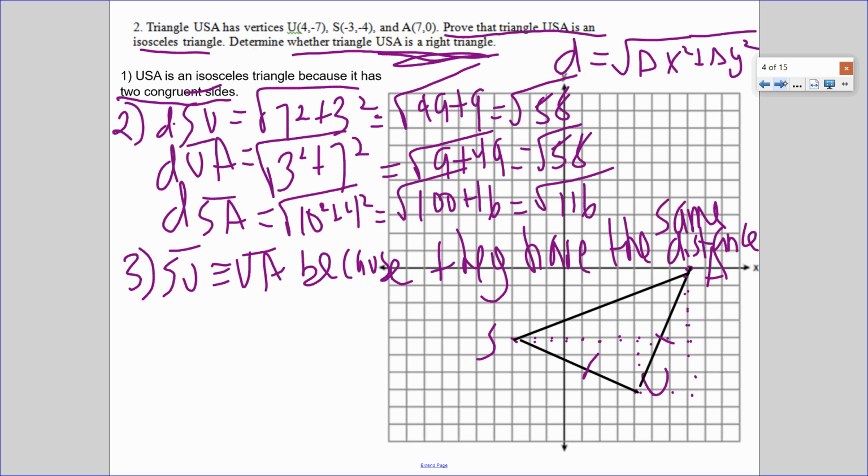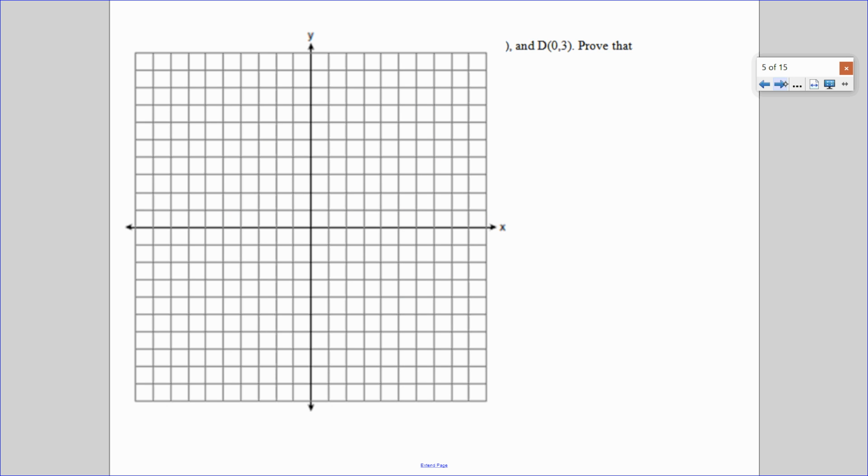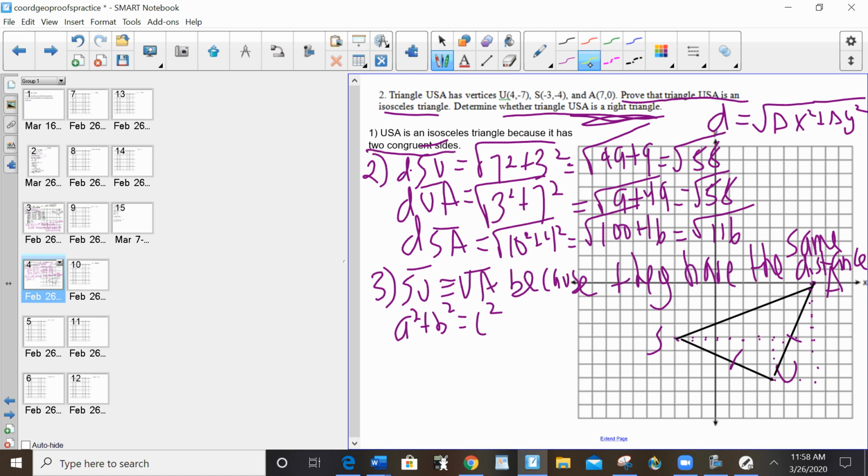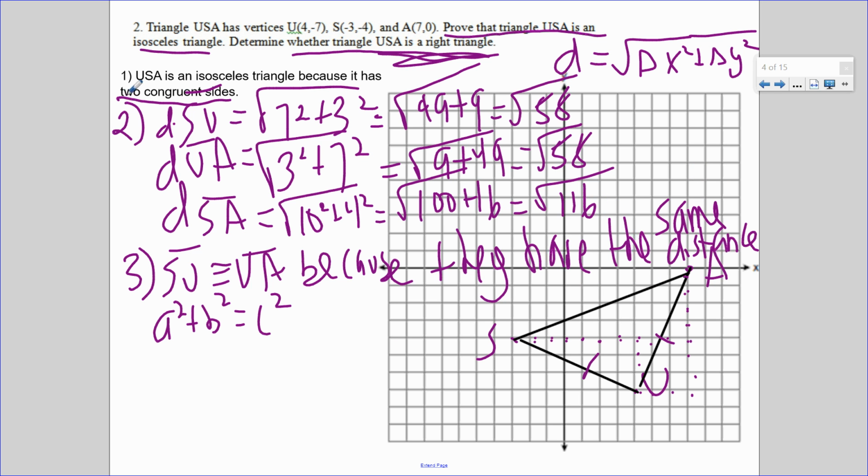So a squared plus b squared equals c squared. A and b are the legs, always the smaller sides.